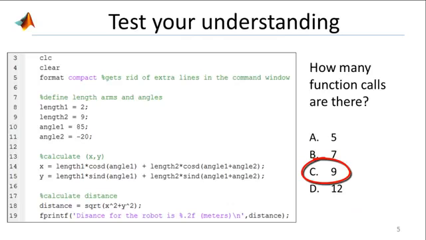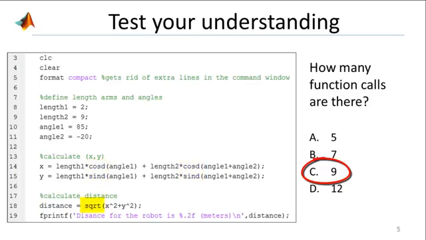There's 9 function calls right here. CLC, clear, and format are the first 3. The length and the angles are variable names. Those are not keywords that MATLAB executes behind the scenes. However, on lines 14 and 15, we call 4 times a trigonometric function: cosD, sinD, sinD.